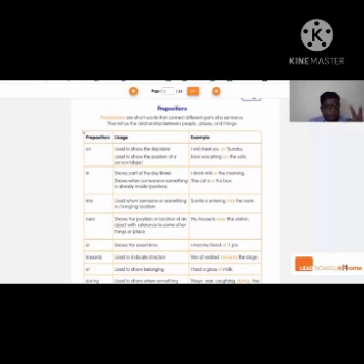"On", two ways we use it. Used to show a day or a date. Second one, used to show the position of a person or an object. "In", again there are two ways. It shows the part of a time, like I do yoga in the morning.